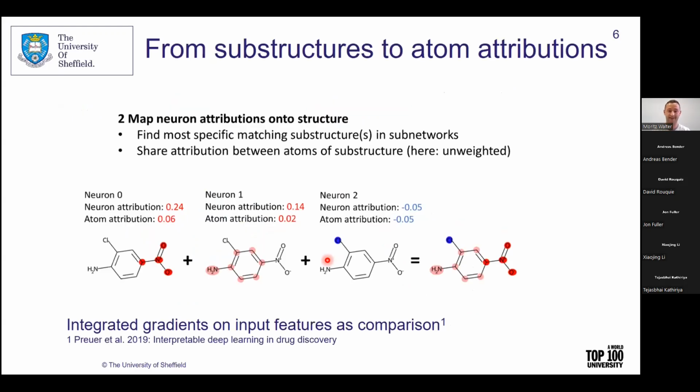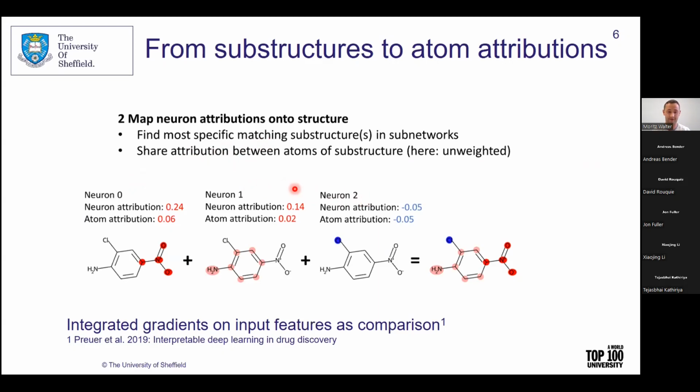Now the next step is to use these neuron attributions and map them onto the structures to get a model explanation. First of all, for the test compound, we look at what matches we found for substructures that were extracted for the given neuron. And then we share the attribution we found for the whole neuron between the atoms of the substructure.